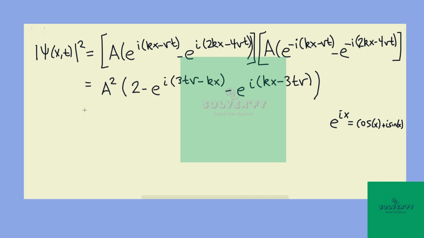So we can convert this into some sines and cosines, make it a little bit easier on ourselves, and do a little bit of simplification to get a better feel for what this function looks like in x and t. We end up with something much more straightforward, which we can actually deal with. This is our probability density.